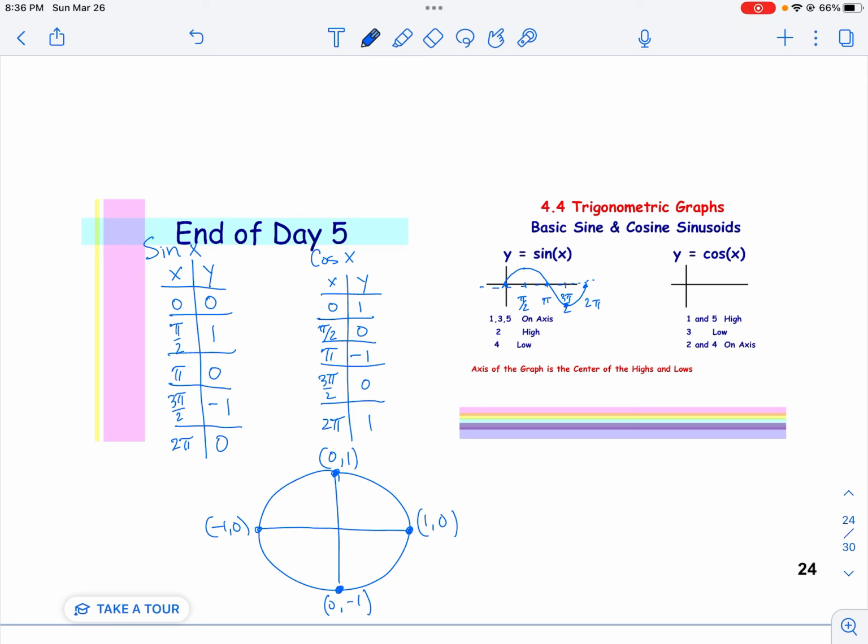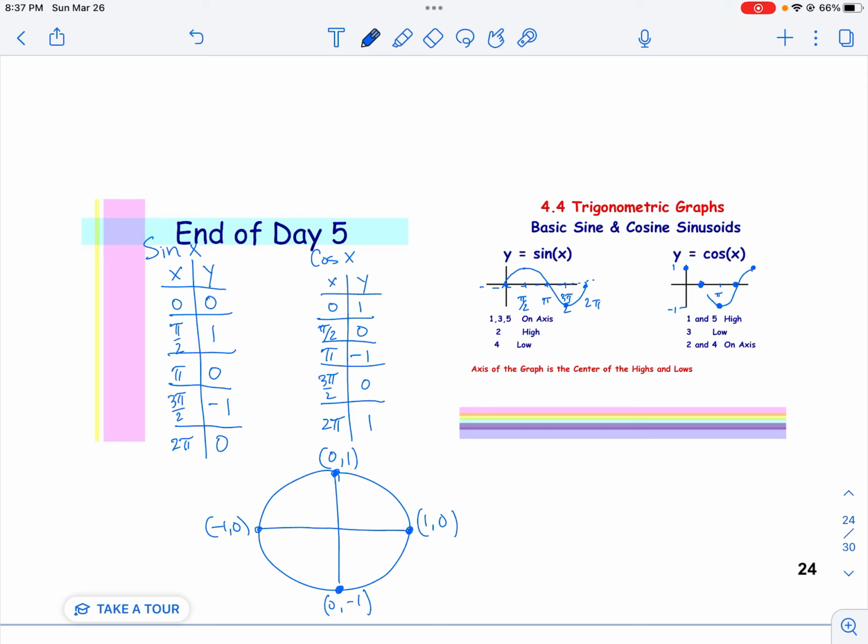Because the function is cosine and cosine refers to the x values, the outputs for this function are: at 0, 1; at pi over 2, 0; at pi, negative 1; at 3 pi over 2, back at 0; and at 2 pi, up here at 1.